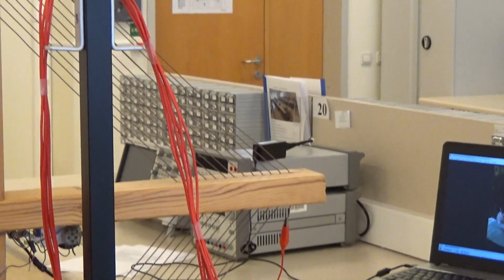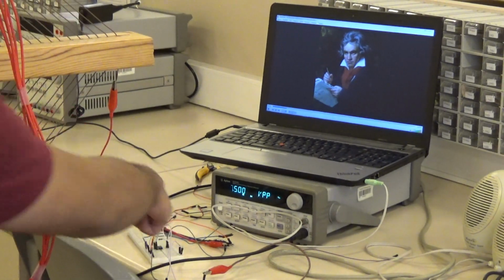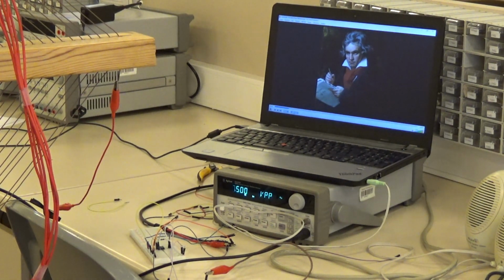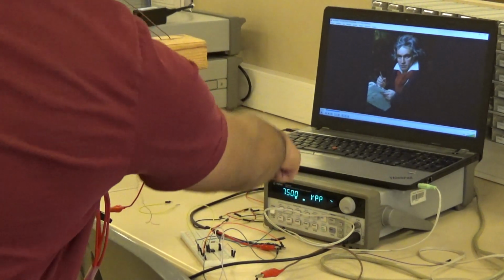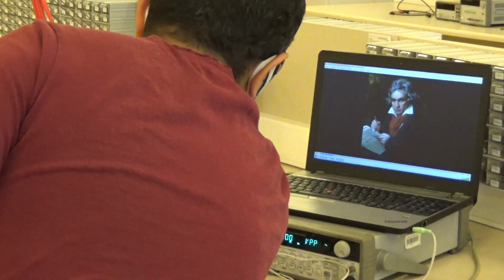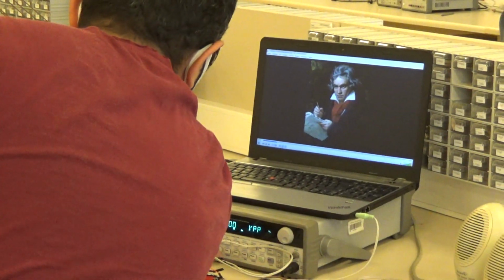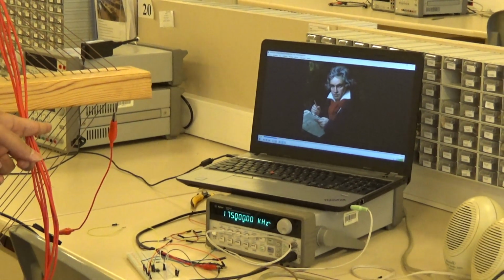I'll be playing music, which will be amplified over here by a simple non-inverting amplifier, and then this audio signal is modulated. You can see over here we have used modulation at 175 kilohertz.